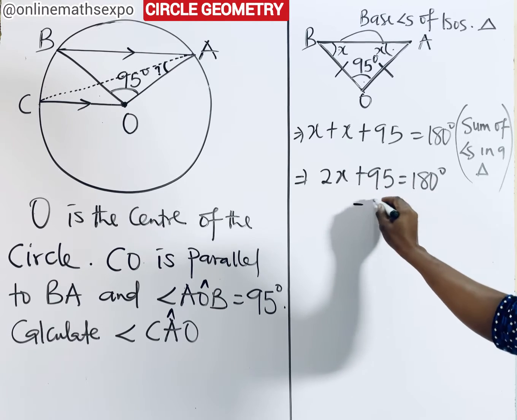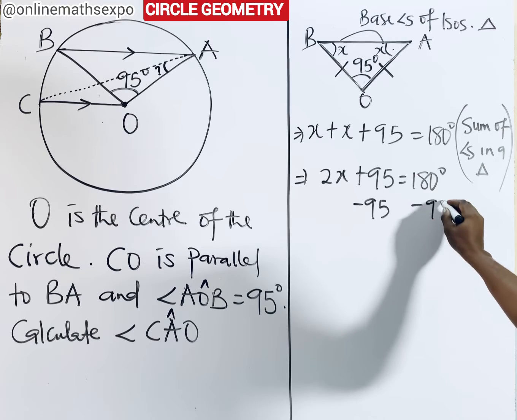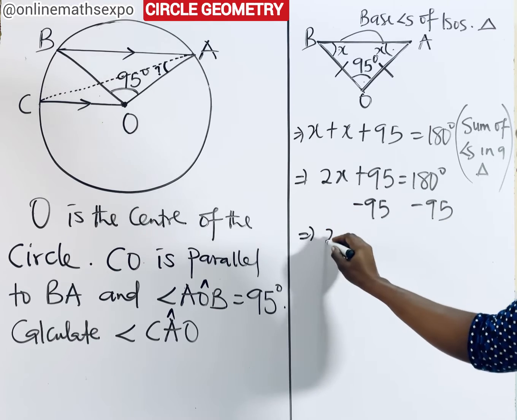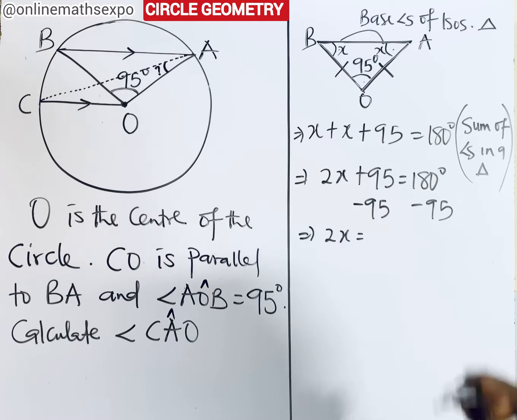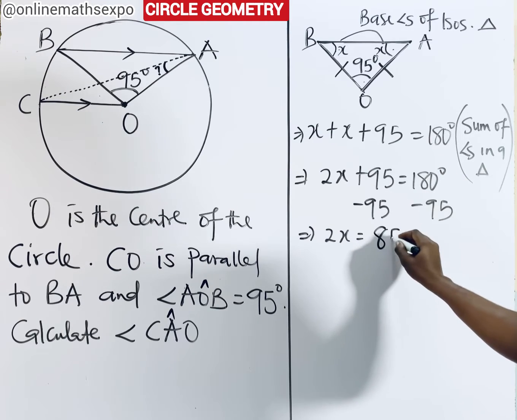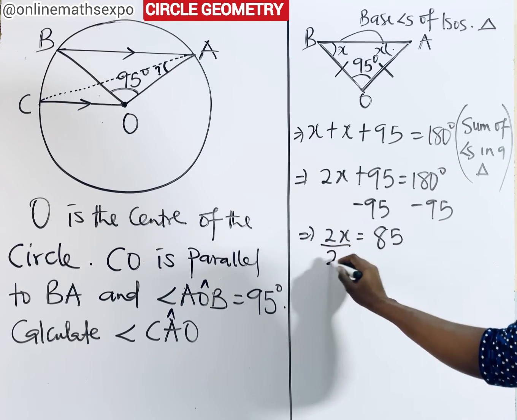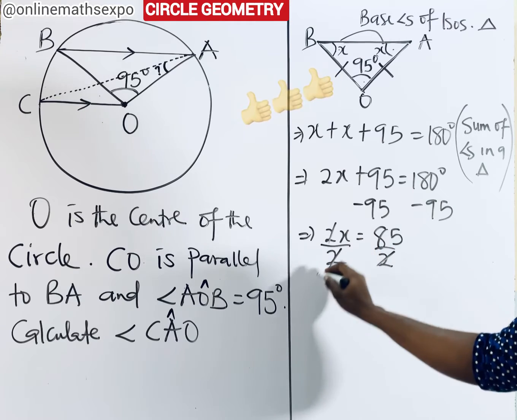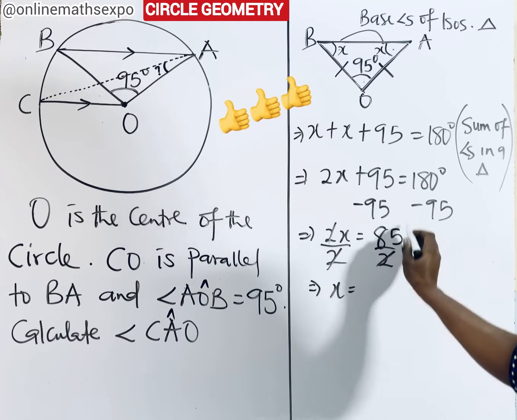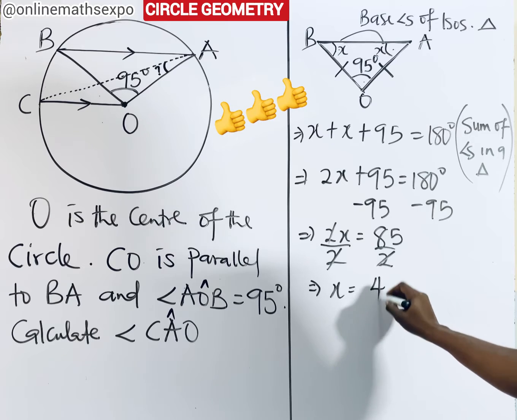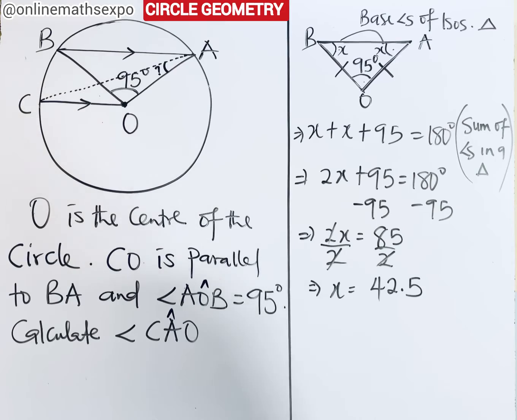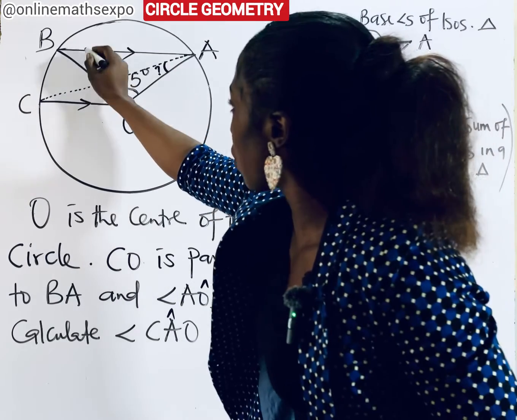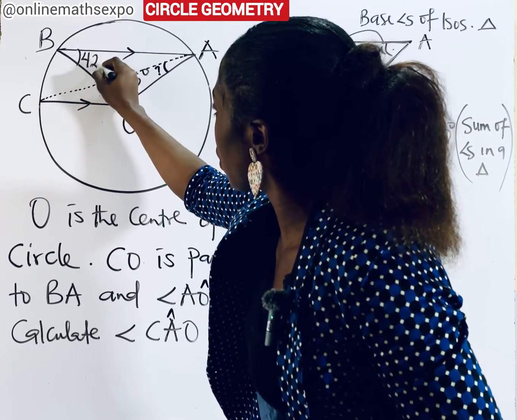To take away this, you subtract. So this will give us 2x is equal to 180 minus 95, which is 85. To get x, you divide by 2. So x is 42.5. So what it means is that this angle at this point is 42.5.